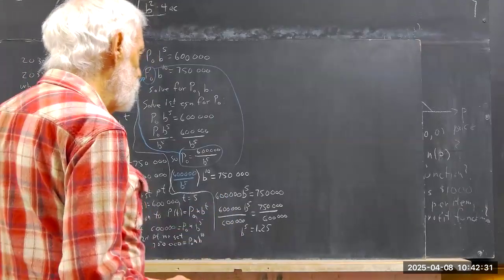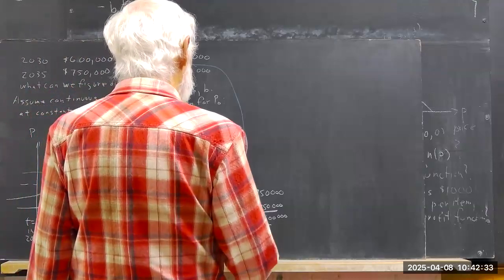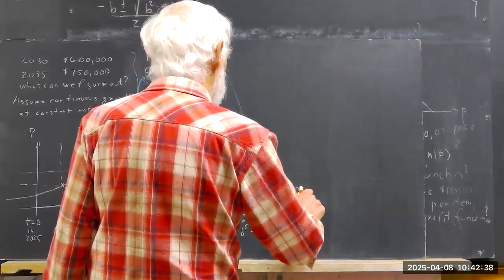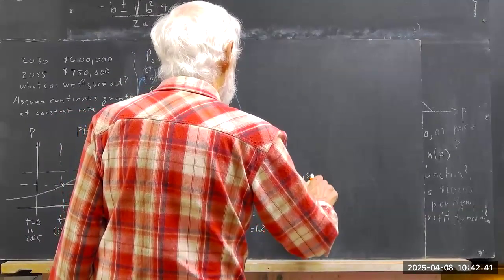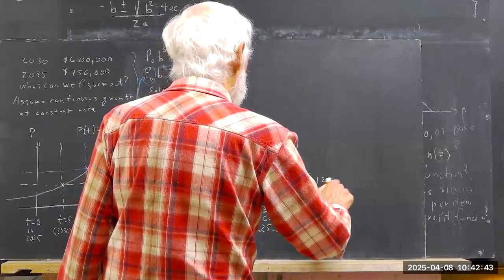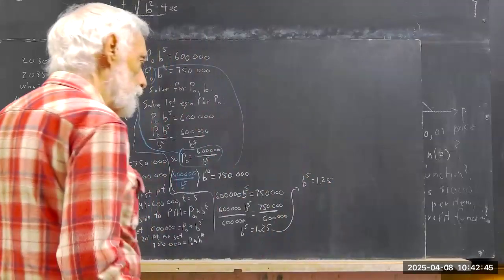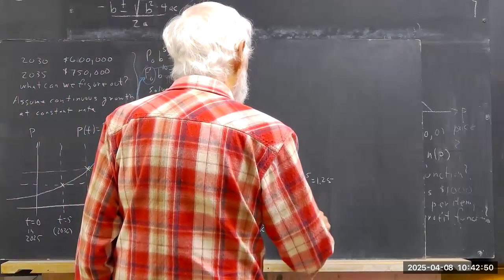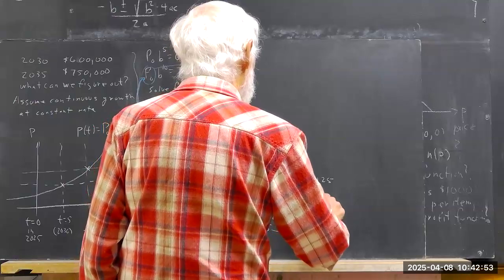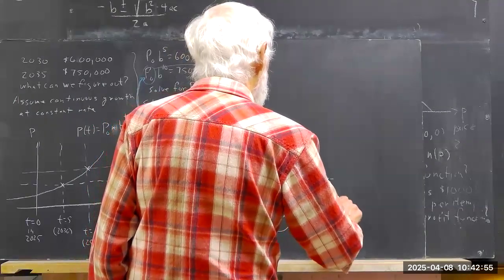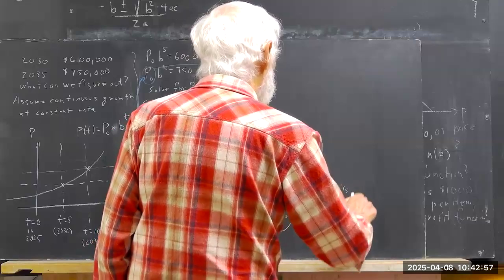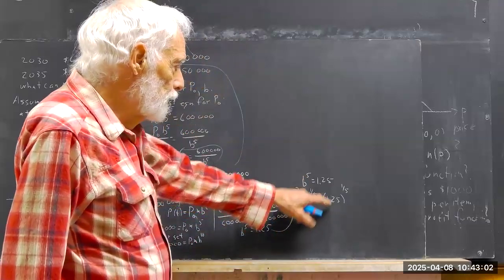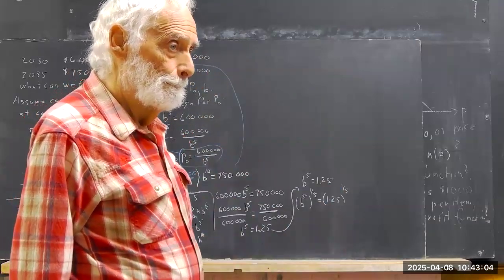So how do we solve this for B? I'm just rewriting it up here so we see where this goes. B to the fifth to the 1/5 equals 1.25 to the 1/5, right?